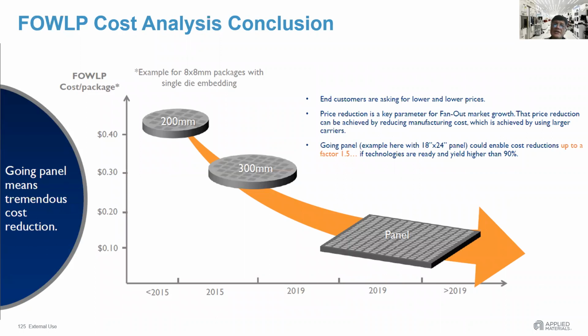If you reconstitute on a 200 millimeter wafer versus a 300 millimeter wafer versus a bigger panel size carrier, you will find the cost structures can drop substantially, almost 1.5 to 2 times. And this means that the move towards panel level packaging is almost inevitable as you get into the 20s.